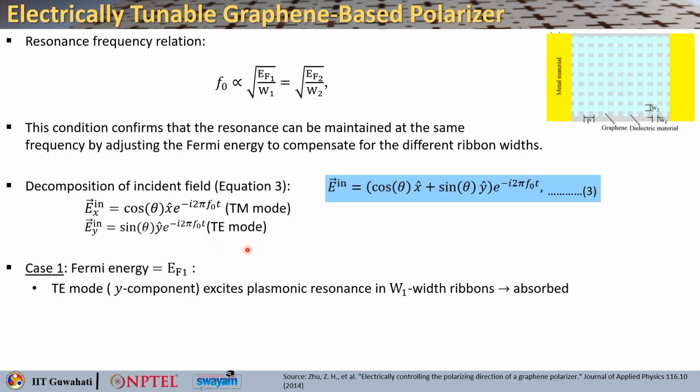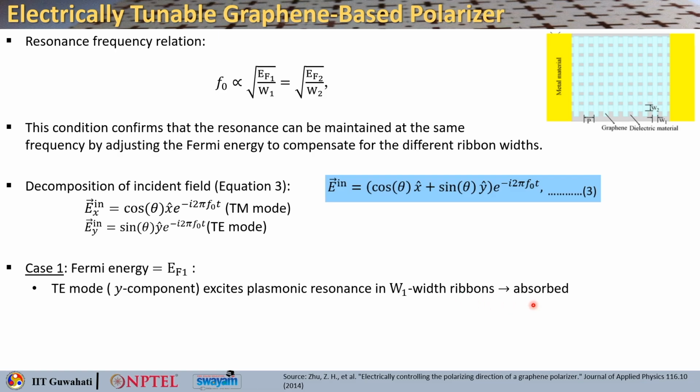Now let's consider the first case, where the Fermi energy is EF1. In that case, the TE mode, which is the Y component, will exhibit the plasmon resonance in the W1 width ribbon.